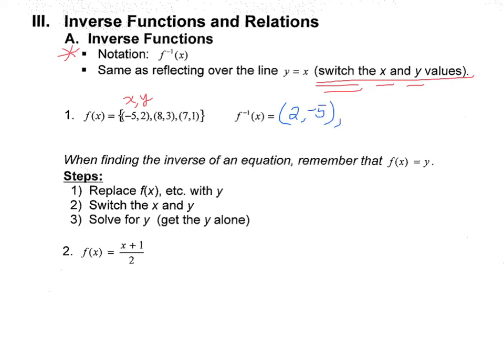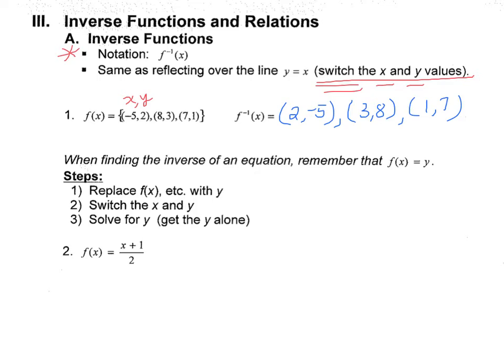If my second point is 8, 3, now the inverse of the second point is going to be 3, 8. And my third point in the original function is 7, 1. Its inverse then is going to become 1, 7. So I just did the inverse of the function f of x by switching the x and the y.